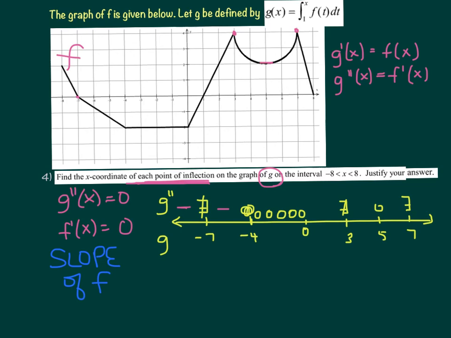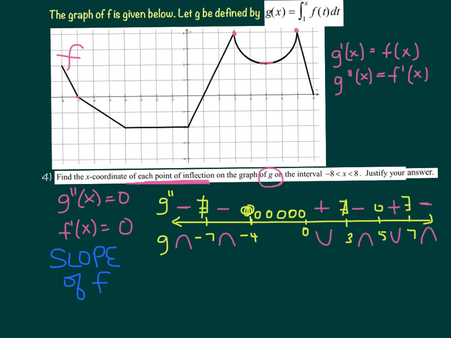Then between 0 and 3, I would say positive. Between 3 and 5, it's downward, so it's negative. 5 and 7, it scoops back up, positive. And then from 7 to 8, it was negative again. So remember, second derivative talks about concavity. So this is concave down, concave down, concave up, concave down, concave up, and concave down.